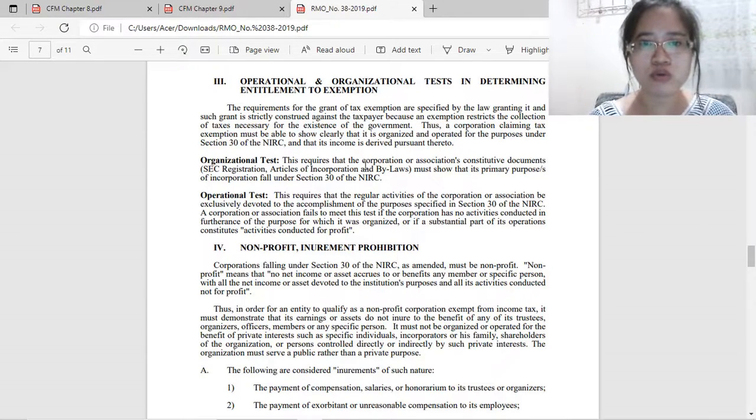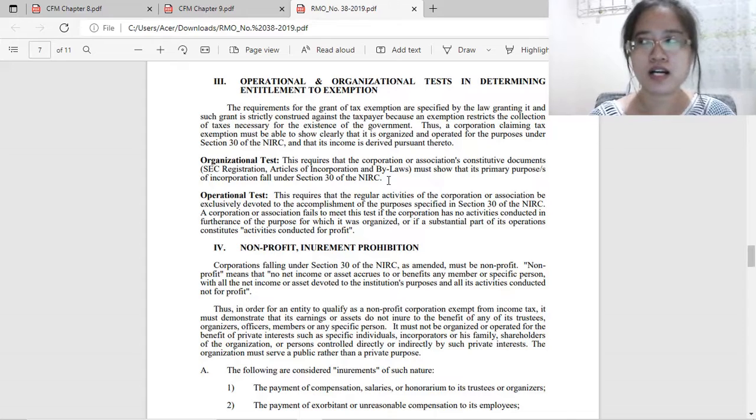Organizational test. This requires that the corporation or association's constitutive documents, the SEC registration, the articles of incorporation, and the bylaws, which are the documents submitted to register with the SEC, must show that its primary purpose of incorporation falls under Section 30 of the Tax Code.